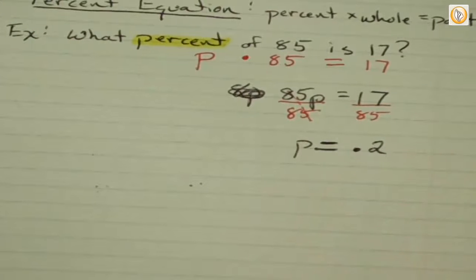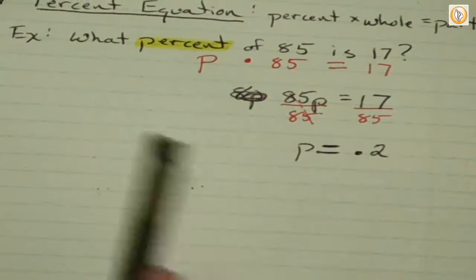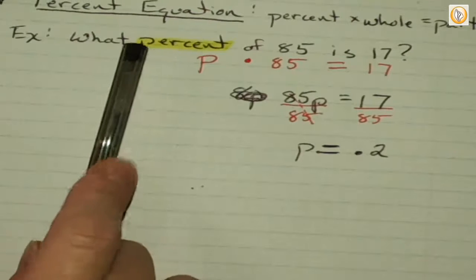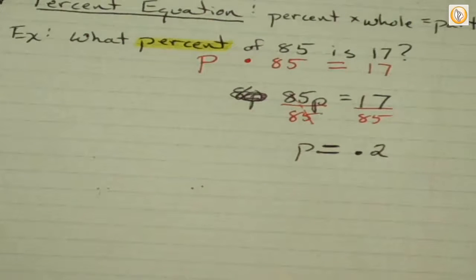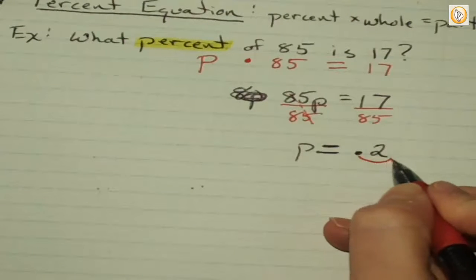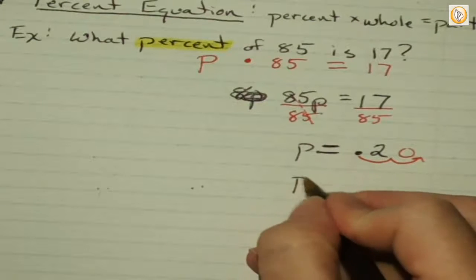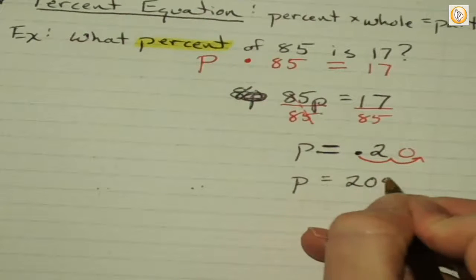So 17 divided by 85 is 0.2. But they asked for percent. So what do I now have to do with my answer, Emily? Yep, we're changing it to percent. We move it 2 places to the right, and my percent is 20%.